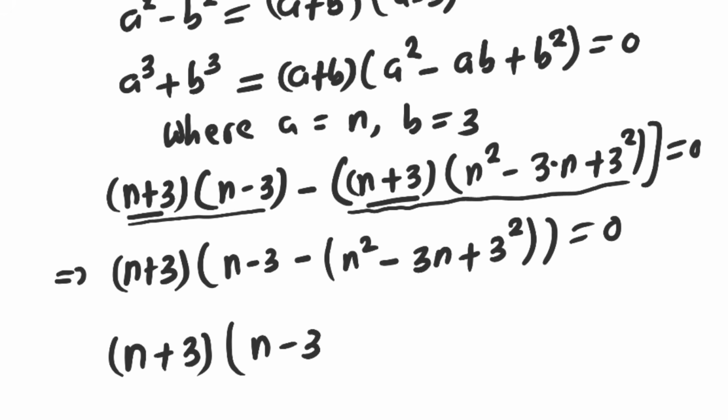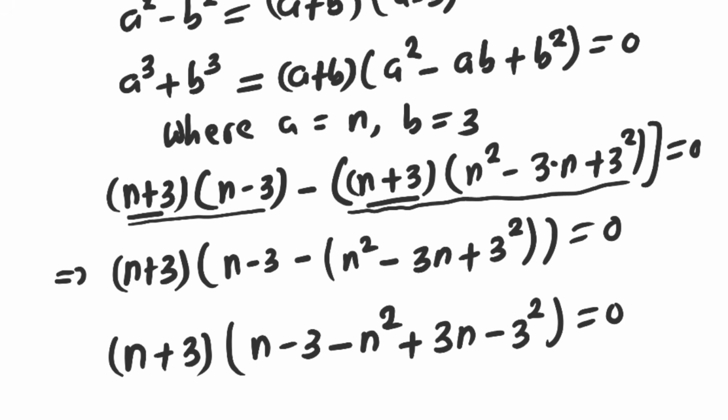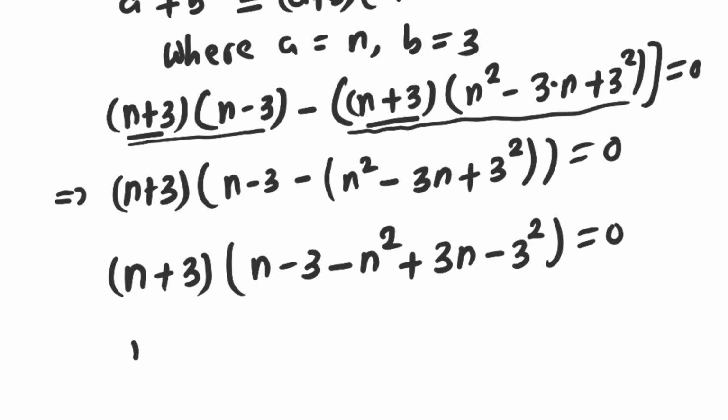So here we have n plus 3 bracket n minus 3. Let us open this bracket with this negative. We have minus times this n squared, that is minus n squared, minus times minus 3n, this is plus 3n, minus times plus 3 squared, that is minus 3 squared, is equal to 0. Then here we have n plus 3 bracket.